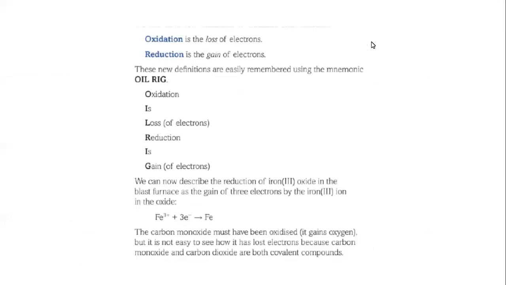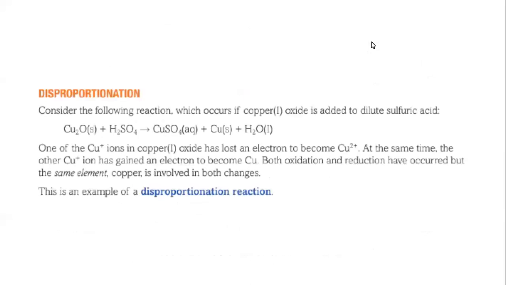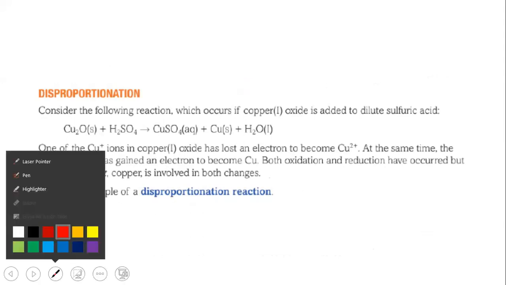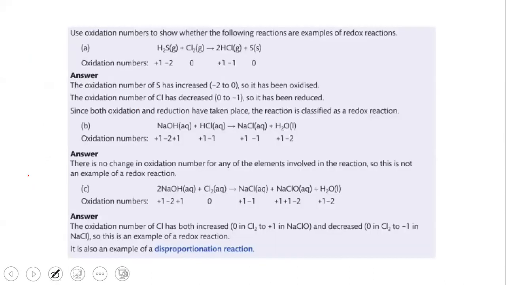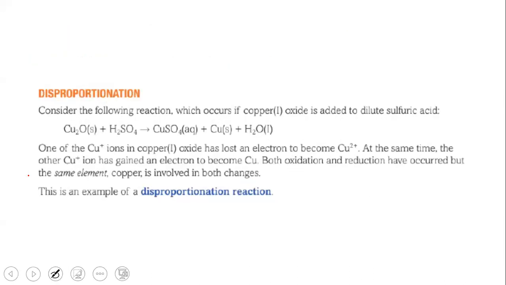So when we are going to talk about it, I believe you guys already know how to write down your half equations from IG level, right? For example, I give you two half equations.